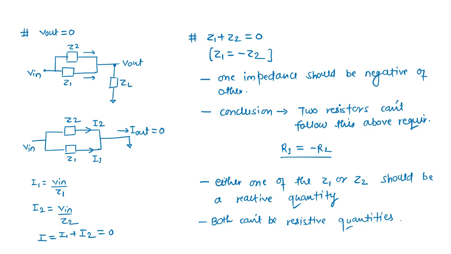Okay. So what I told, let's say Z1 is nothing but say R, and Z2 is nothing but say some capacitive element, so it is 1 upon Cs. Then there is a possibility that Z1 can be minus of Z2. For that, R equal to minus of 1 upon Cs.